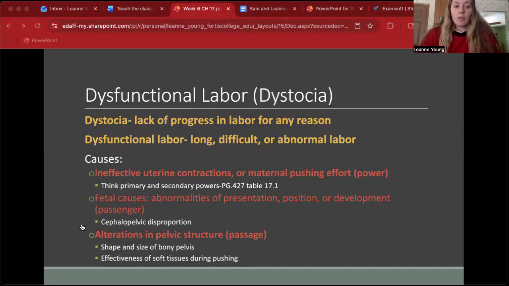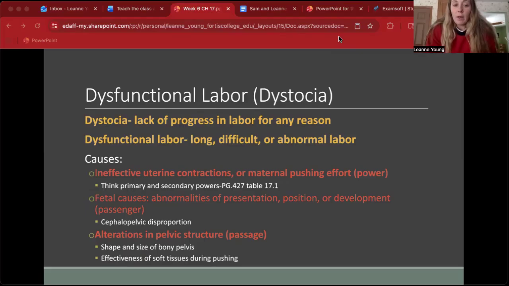Okay, dysfunctional labor, or another word that you guys are going to hear that means dysfunctional would be dystocia. Okay, dystocia is the lack of progress in labor for any reason. Dysfunctional labor is long, difficult, or abnormal labor. Okay. The main causes: ineffective uterine contractions or maternal pushing effort.